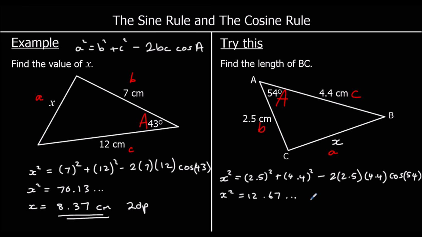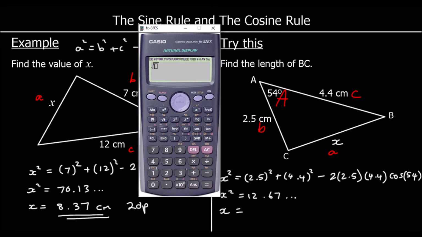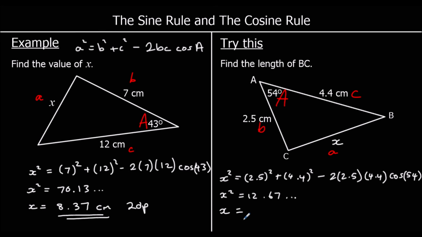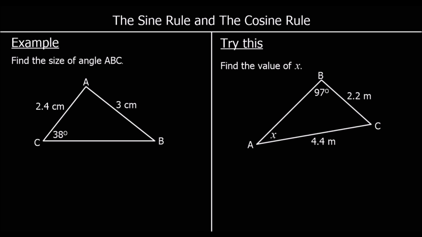We want x, so we're going to square root the answer, and that's 3.56 to 2 decimal places. So 3.56 is in centimeters to 2 dp. And the next one. So again, take a second, figure out which rule we're using for this one.